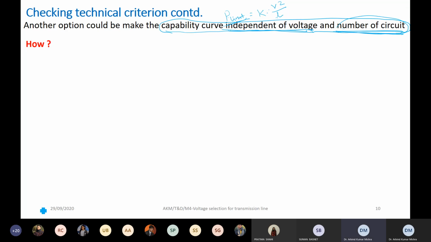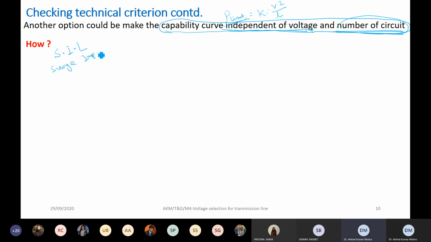I hope that you might be aware of one term. This is called surge impedance loading, SIL.